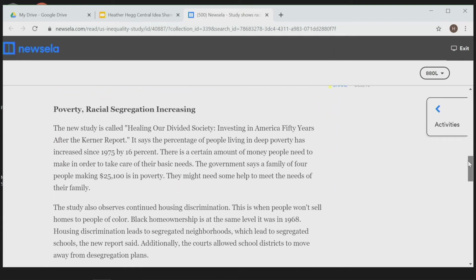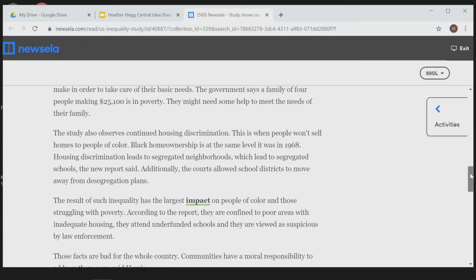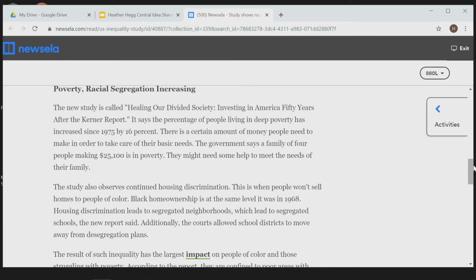Poverty and racial segregation increasing. I'm going to let you read these 3, 4 paragraphs. So if I start here at the topic sentence, a new study called Healing Our Divided Society, Investing in America 50 years after the Kerner report. I think that's a fact. So you read on in this paragraph.